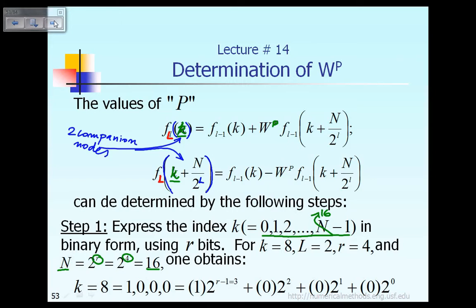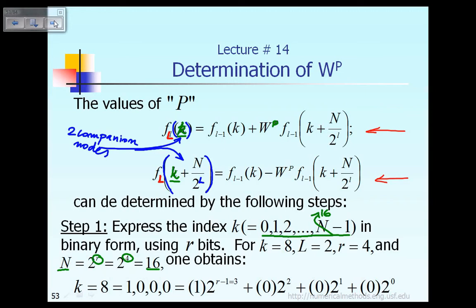Now, the computation of these two companion nodes, as you can see, is very similar. If you look at the first equation to compute f sub L of k, and compare it with the second equation for the companion node f sub L of k plus N divided by 2 to the power L, the right hand sides are essentially the same.